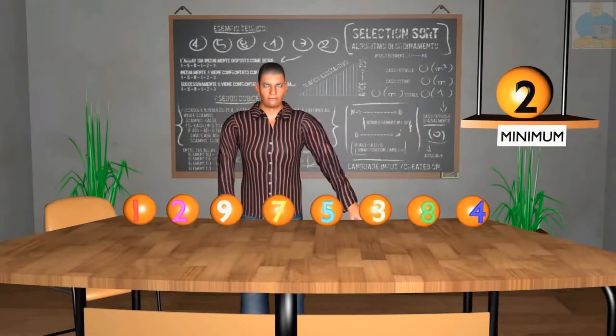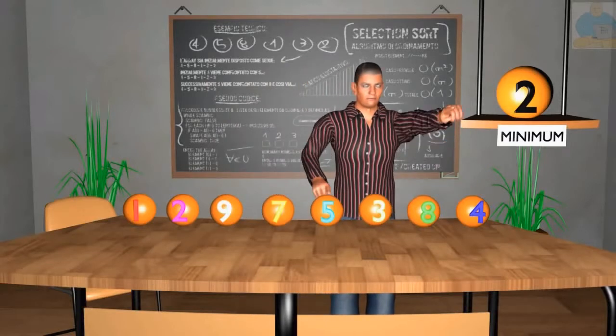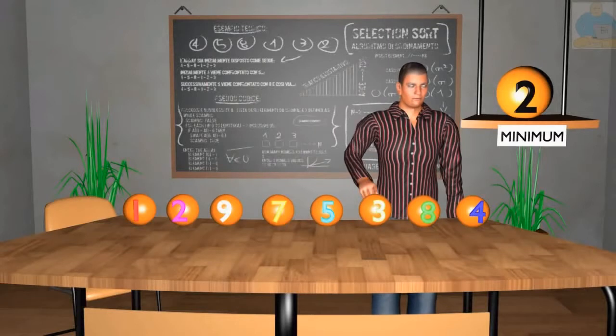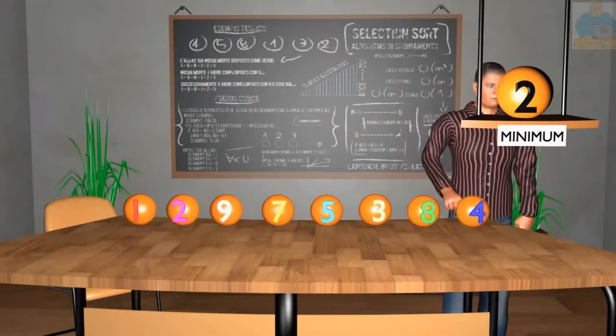So every time he starts, he's walking that whole remaining part of that array, looking for a new minimum. Notice in this example, he's found a minimum, but of course he doesn't know that yet.